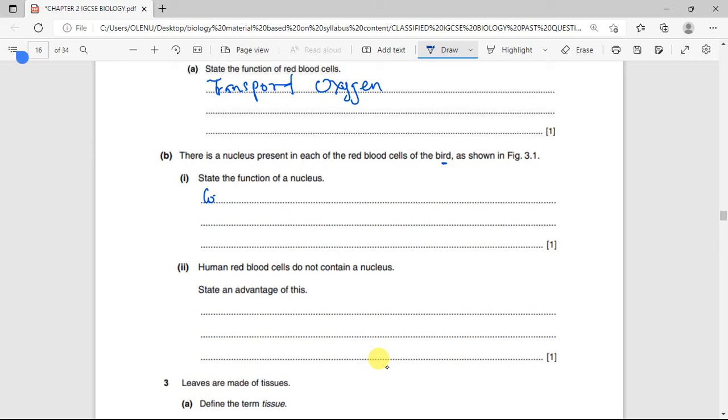Now, the nucleus contains genetic information and controls cell activities.